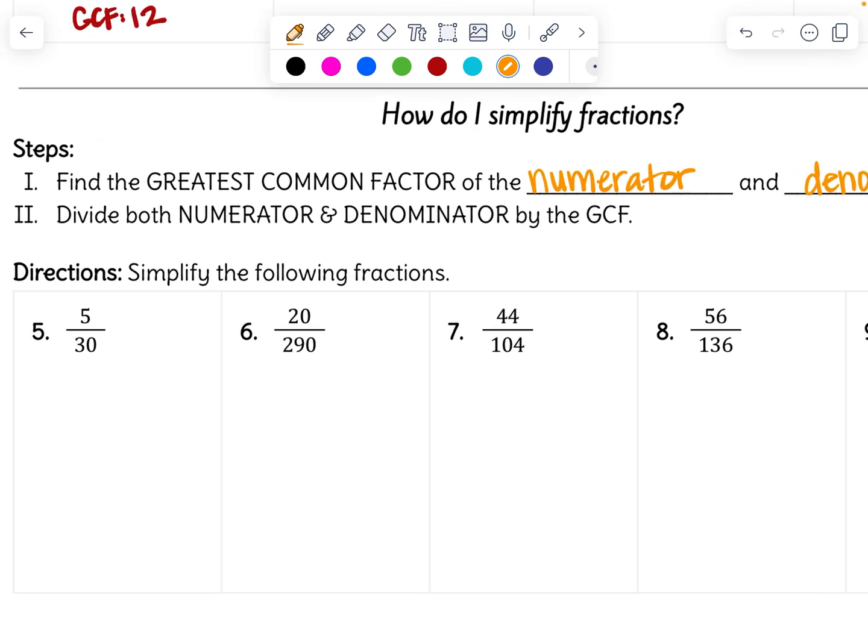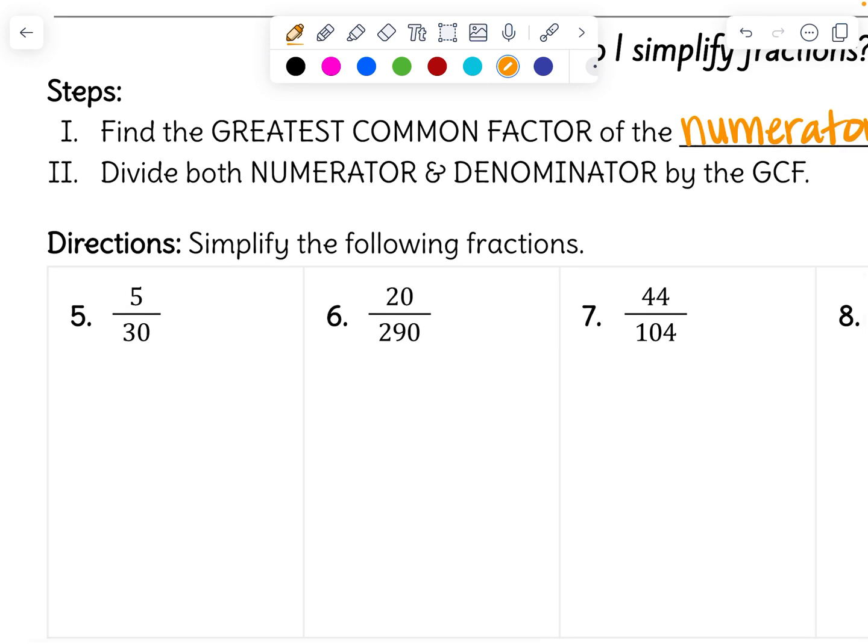So let's find the greatest common factor for 5 and 30. So I'm going to do the factor list on this one. So for 5, because 5 is a prime number, I can only multiply 1 and 5. For 30, I can do 1 and 30, 2 and 15, 3 and 10. 4 doesn't divide evenly into 30, but 5 does.